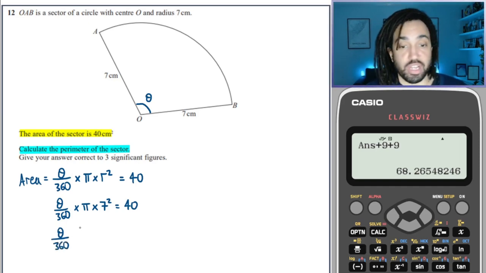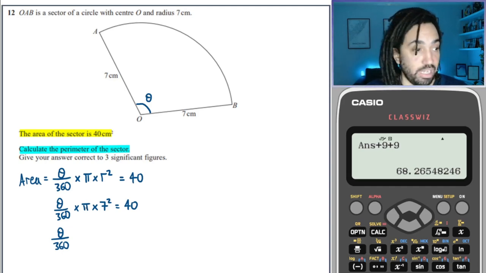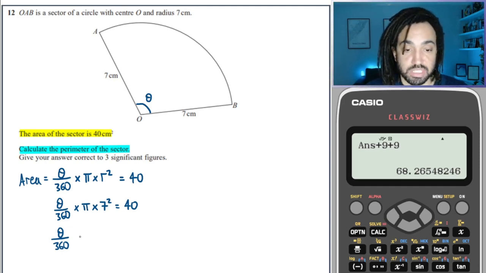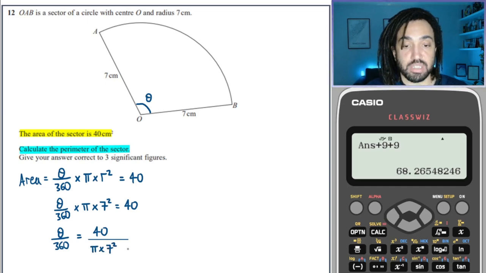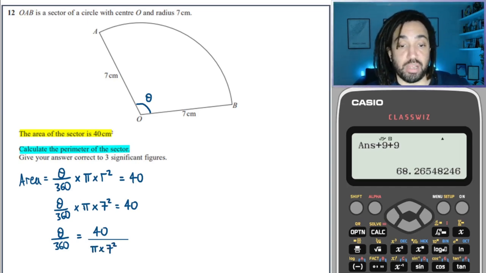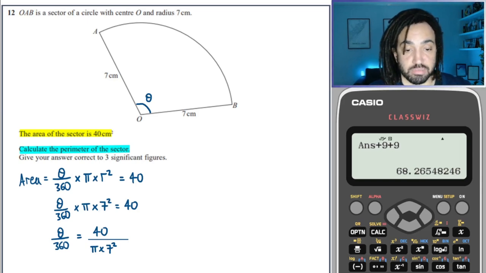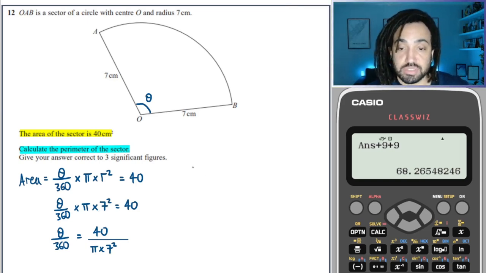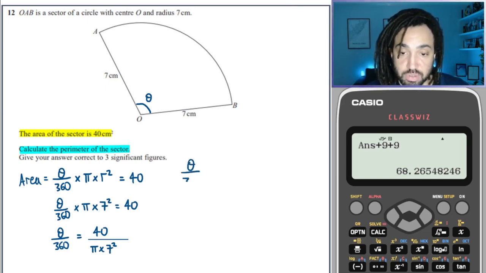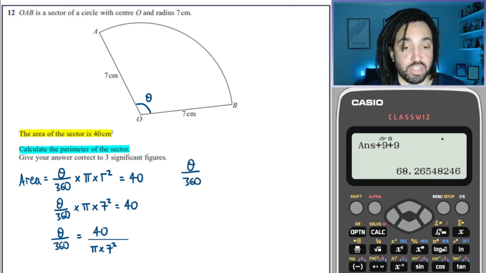So I'm going to have to divide both sides of this equation by pi and by 7 squared. So that gives me 40 over pi times 7 squared. I've just divided both sides by pi times 7 squared, and this is going to give me an answer for theta over 360.